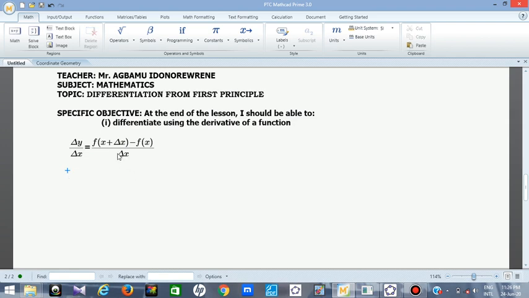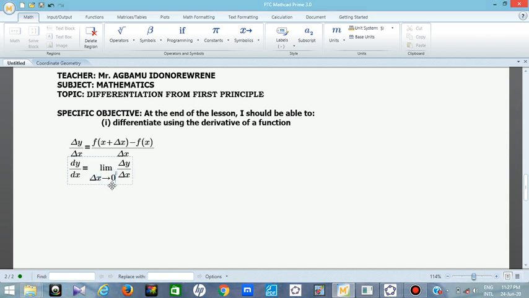Then after you do this, delta x is approaching 0. As delta x approaches 0, you get the limit of delta x when it approaches 0. So that is all you need to do. Your final answer will now be dy/dx, which is equal to the limit of delta y divided by delta x when delta x approaches 0.